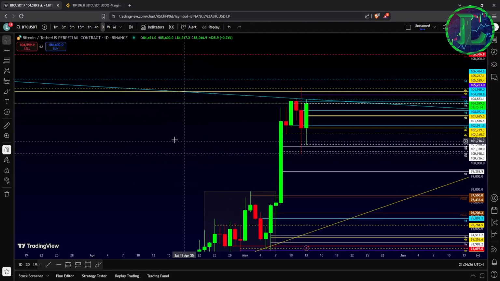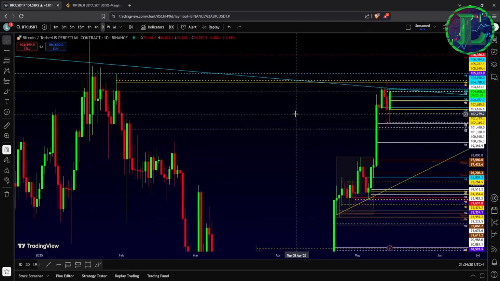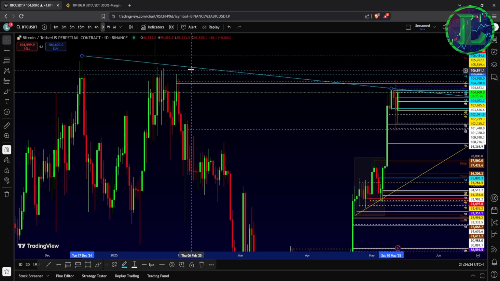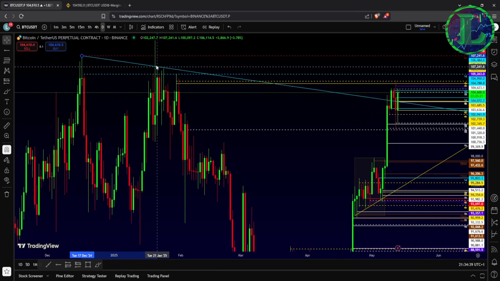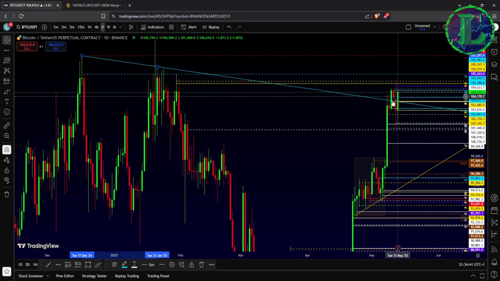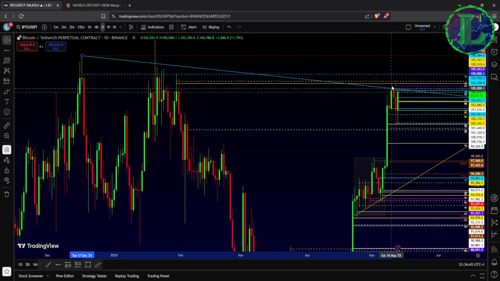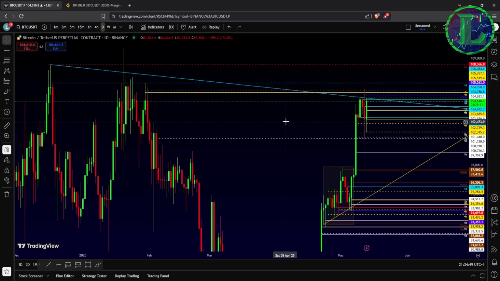Okay, so daily. Just to show you guys why I entered a short position here. We have the daily downtrend here. First, yesterday I had it here, okay, and as you can see, it's trying to break, but we can adapt the trend. So guys, be careful with that. We can always adapt trends until a certain point, of course.